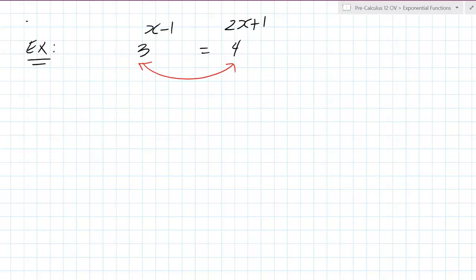For the purpose of this section, if a question like this shows up, you just have to do trial and error, which is very inefficient. But later on, we will learn a new concept called logarithms, and then we can use that to solve exponential equations when they don't have any common or the same base. Okay?